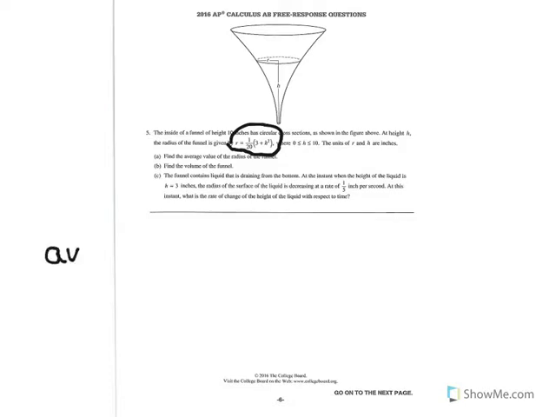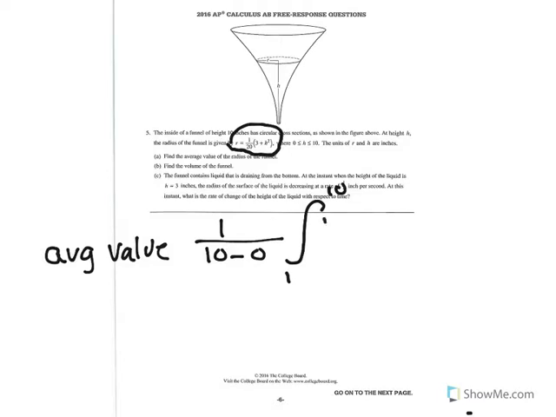So we know when we see the word average, it's either going to be rate or value, and they want value. So it's going to be 1 over the length of the interval, which is 10 minus 0, times the integral from 0 to 10 of the function itself. And this is a non-calculator one, so we have to work it out. So it's 1/20th of 3 plus h squared dh.